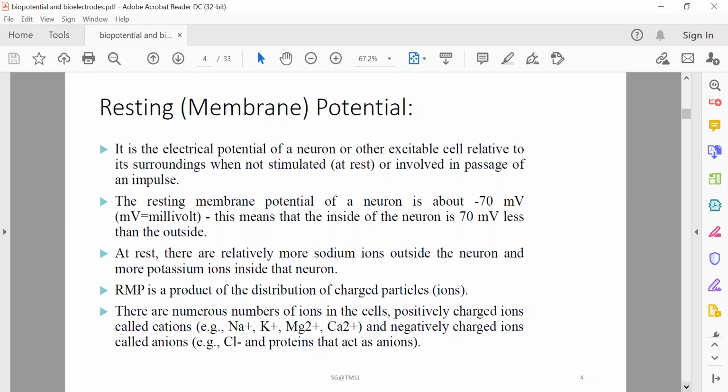These cells are surrounded by body fluids, which are conductive solutions containing different charged atoms, that is, ions. The prominent ions are sodium, potassium, and chloride. The membrane of the cell allows entry of potassium and chloride ions, whereas it blocks the entry of sodium ions.